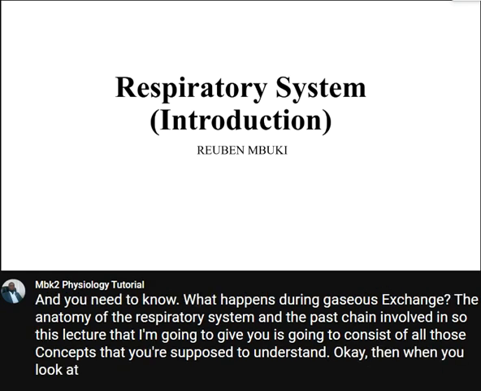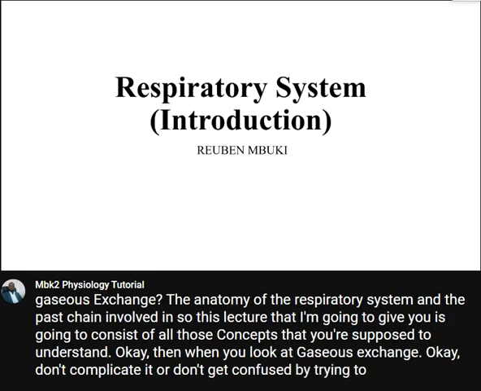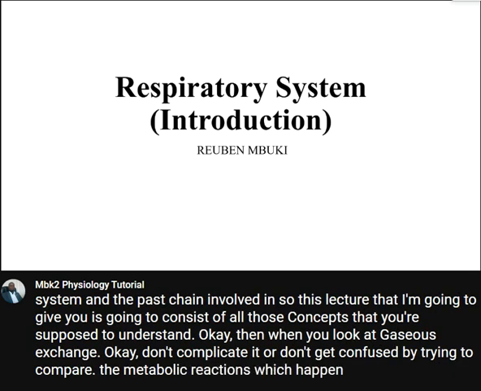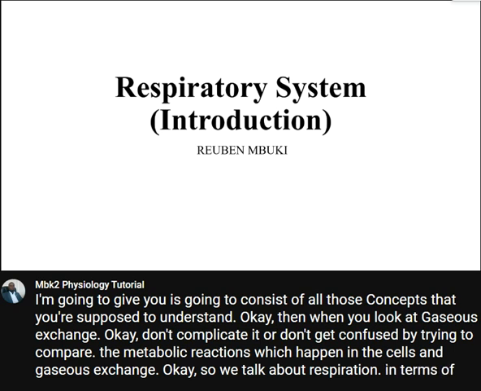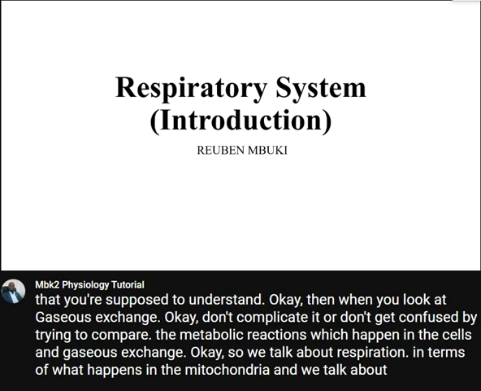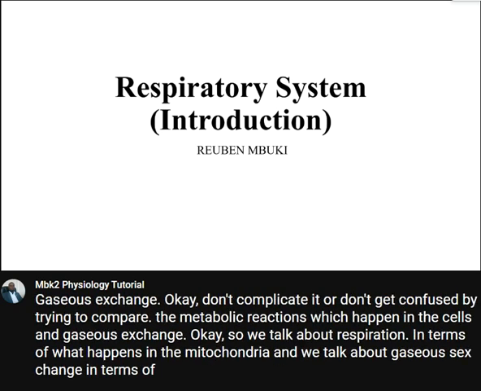Then when you look at gaseous exchange, don't get confused by trying to compare the metabolic reactions which happen in the cells and gaseous exchange, okay? When you talk about respiration in terms of what happens in the mitochondria, and when you talk about gaseous exchange, we're talking about two different things.